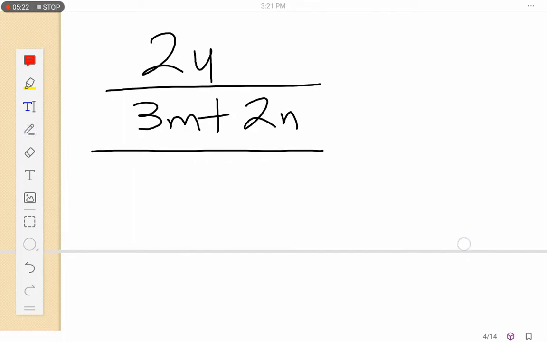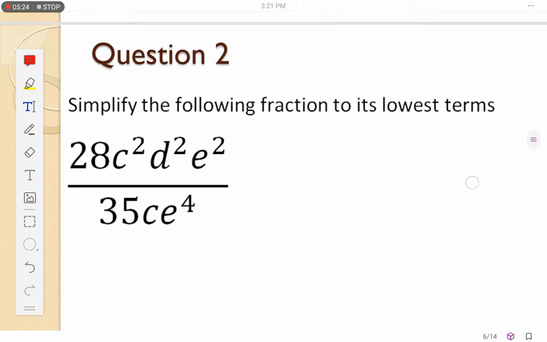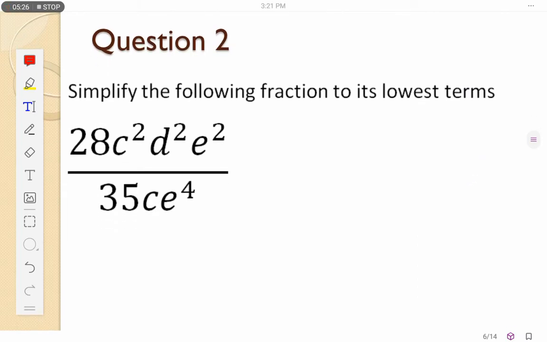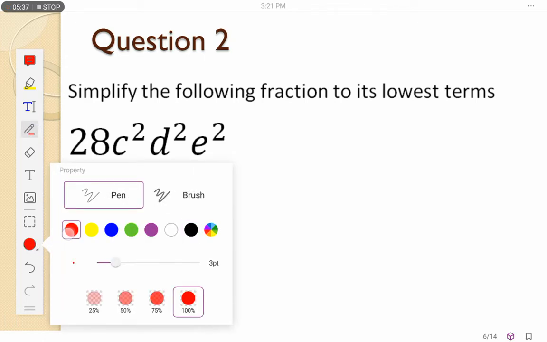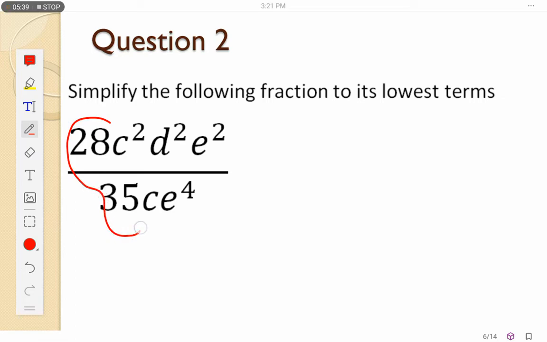Let's move on to the other question that I have. Okay, so this one is a fraction. Let's see. What you do here is this. You can simplify by finding a number that can be divided into the numbers first, then go for the c's, d's, and e's.